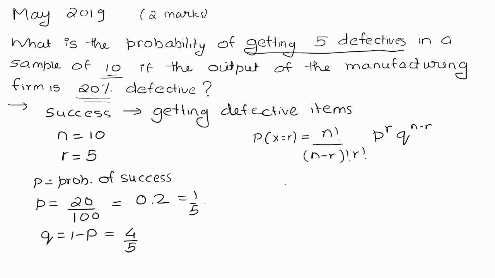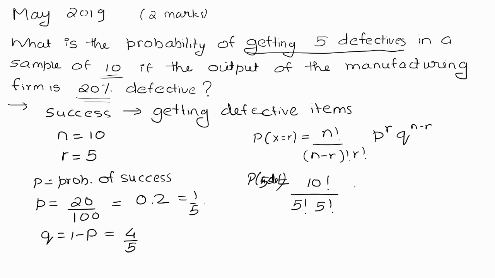Now once these values have been found, I can substitute them here. The probability of 5 defectives: n factorial is 10 factorial, n minus r factorial is 5 factorial, r factorial is again 5 factorial.